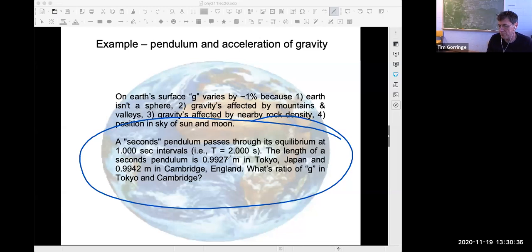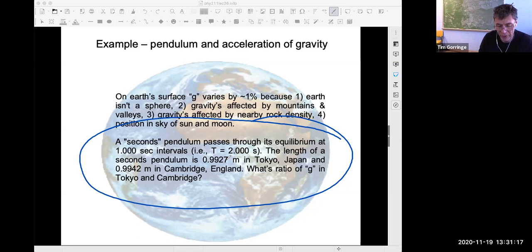We're told that a seconds pendulum has a length of 0.9927 meters in Tokyo, Japan, and a length of 0.9942 meters in Cambridge, England. So it's slightly shorter in Japan than it is in Cambridge, England. It's a small effect, but the seconds pendulum is slightly shorter in Tokyo than in Cambridge. And that's related to a slightly different acceleration of gravity in Cambridge and Tokyo.